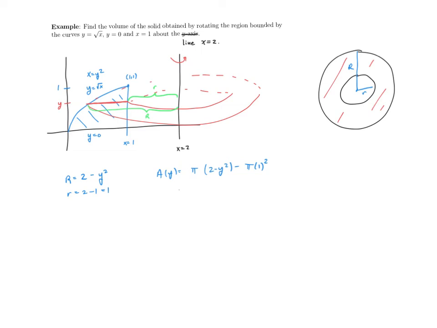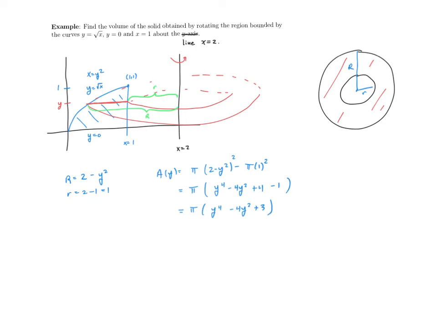Simplifying this algebraically to make our integral as simple as possible, we pull out the pi. We have y to the fourth minus 4y squared plus 4 from the first part, minus 1 coming from the second term. That combines together as y to the fourth minus 4y squared plus 3.